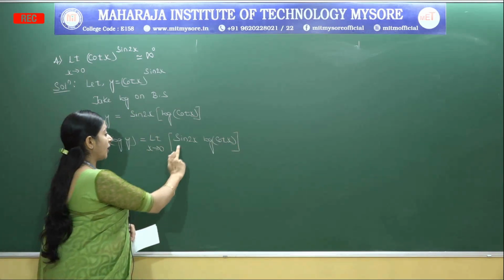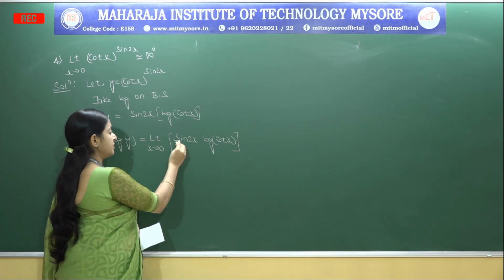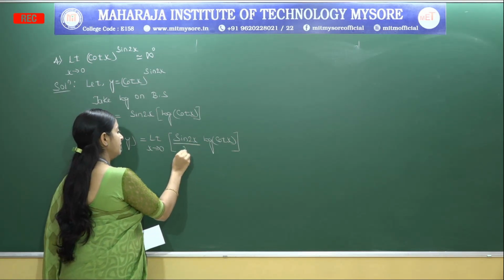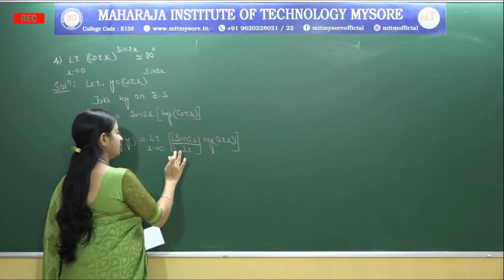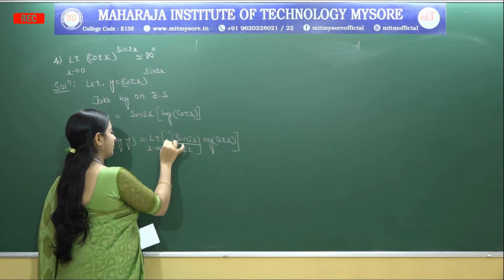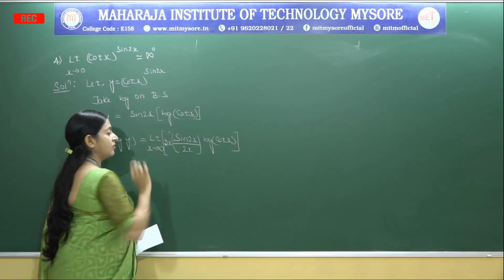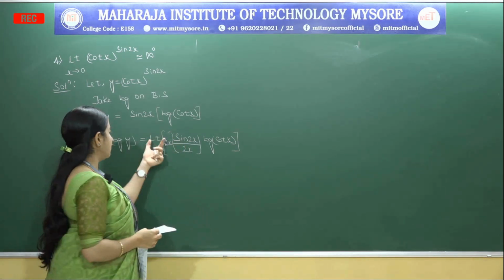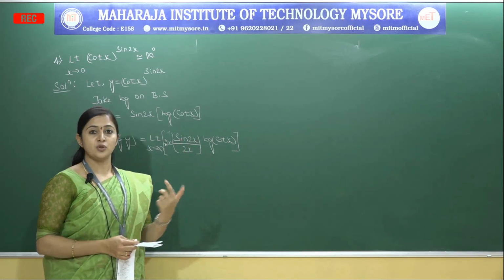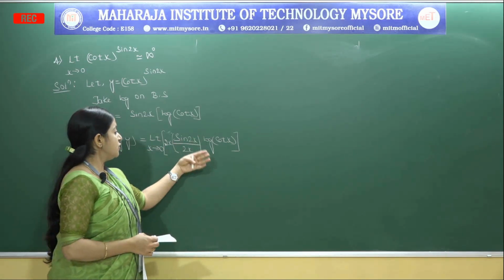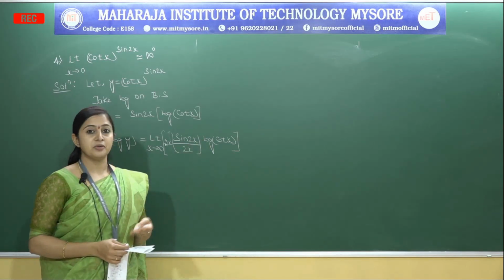Here you have the sin 2x. Since you have the sin 2x, you multiply and divide by 2x for the numerator and denominator, like this. You know the property of limit x tends to 0 for sin 2x divided by 2x equal to 1. So the problem is reduced to another indeterminate form.